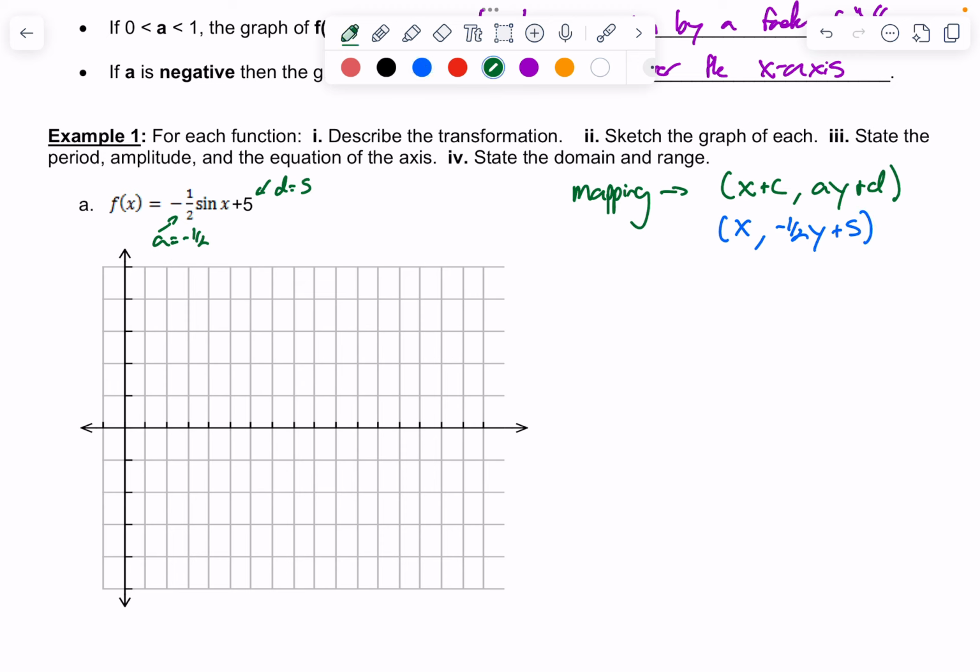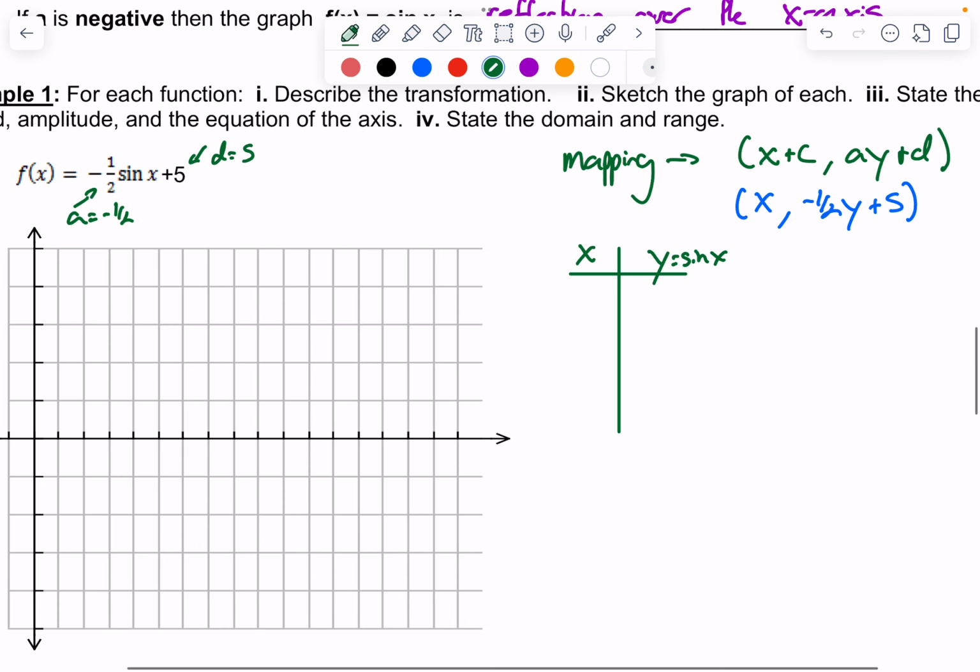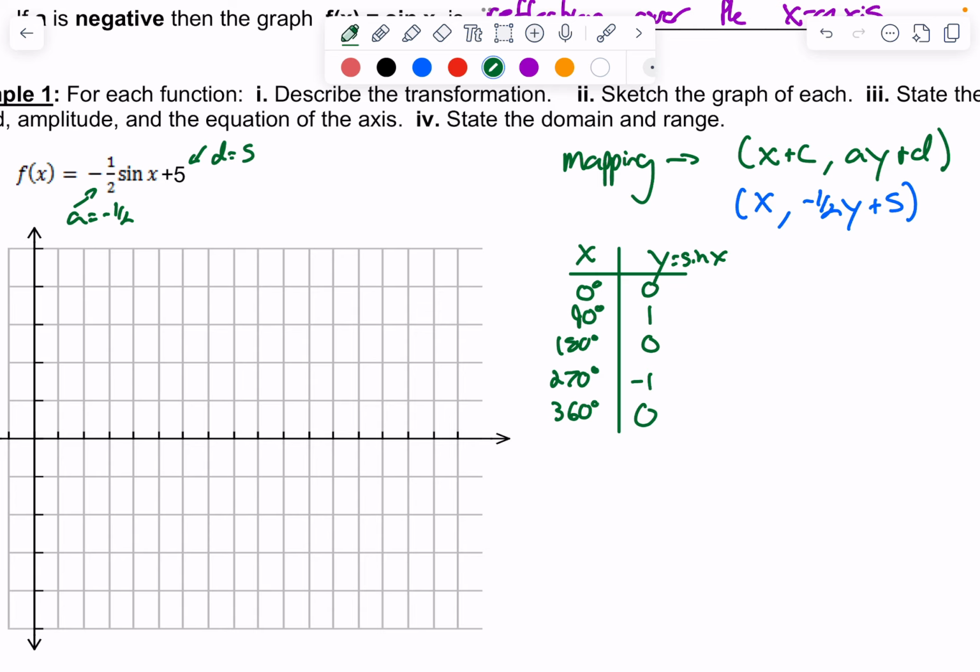And so then create your table values from your parent function, and then we'll apply the mapping rule to these points. So we're getting the points for y equals sine x. This is our parent. So 0 degrees, 90 degrees, as we filled in all of the tables above, 270 degrees, 360 degrees. This is 0, 1, 0, -1, and 0.